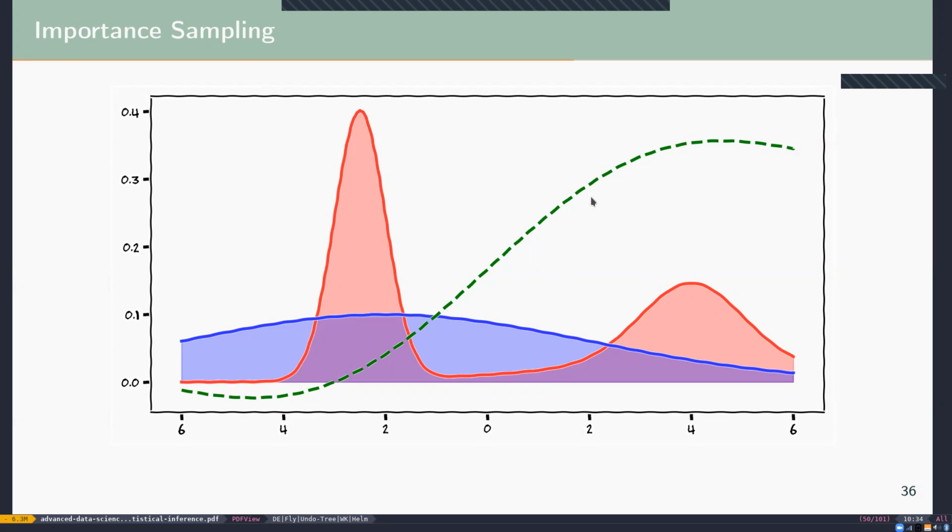And then what I'm doing is that I take P over Q, which is a value higher than 1, and now I'm going to upscale those values. While over here, I'm going to get many more samples from the blue one than I should get. So now I down-weight them, right? So you continuously use the ratio between the two distributions. And this is something called importance sampling. So you effectively have a weight associated with each sample, and then you rescale them.